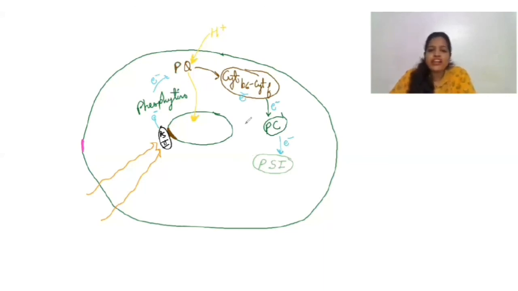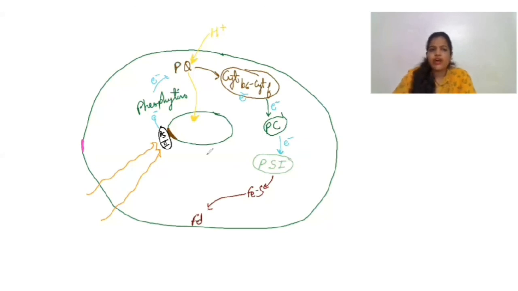So PS1 gets electrons from plastocyanin, and now tell me, photosystem 1 will give its electrons to whom? It will give its electrons to the iron sulfur compound, that is FeS, and FeS is going to give its electrons to ferredoxin.